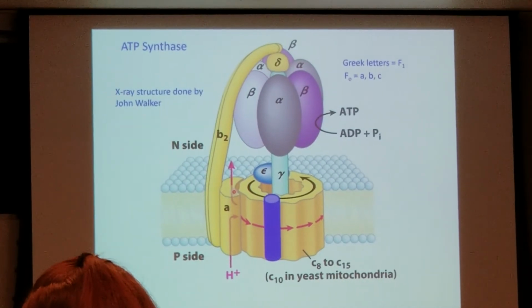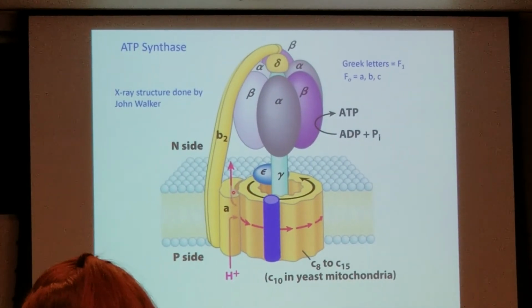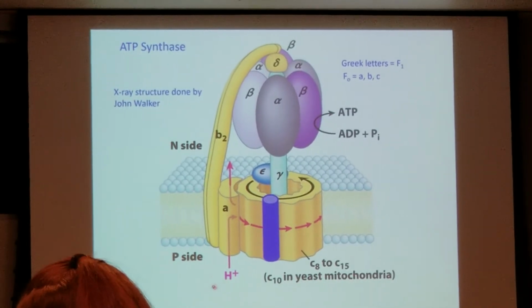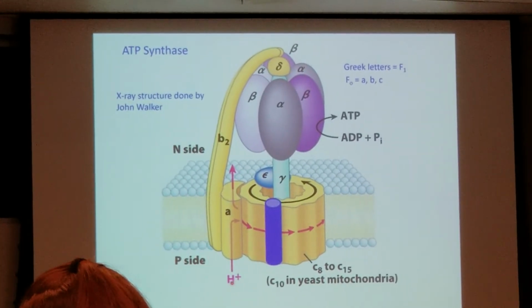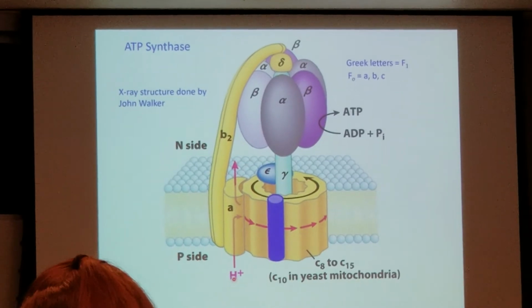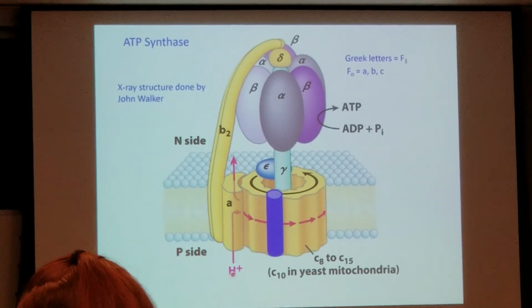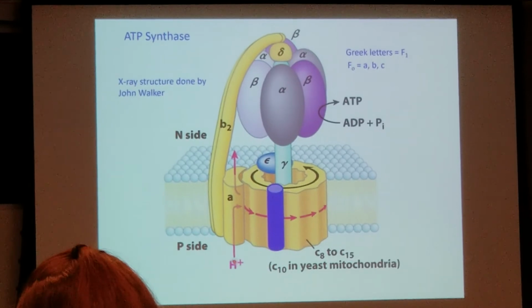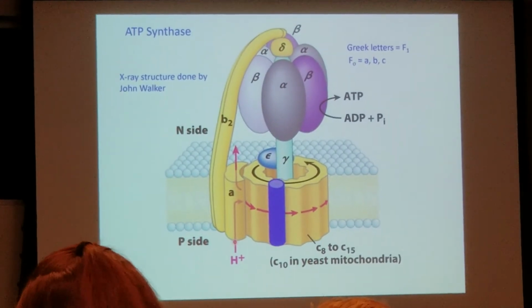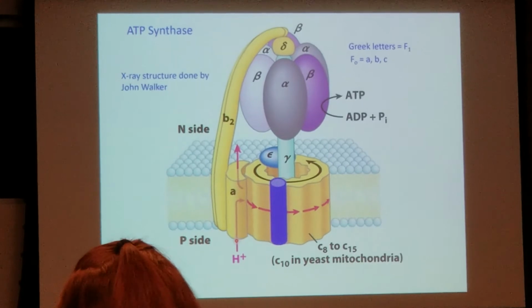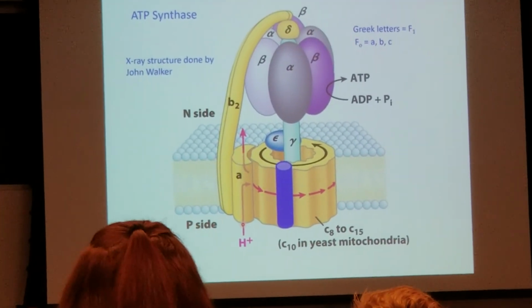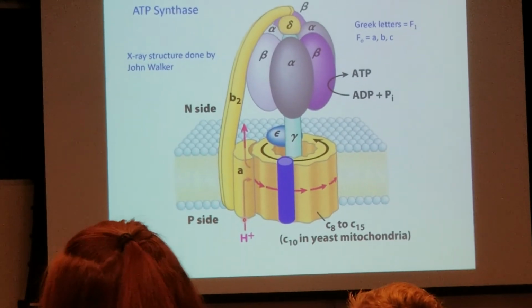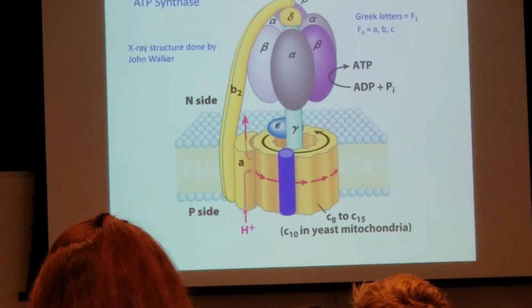Okay, so let's think of it this way. It would be my suggestion. You've got a lot of protons here. This is the positive side. This is the intermembrane space. These protons, let's imagine instead it was water, like a hose. And you put the mouth, the end of the hose right up here, and you turn the pressure on. The water will take the path of least resistance. It will go halfway up, start spinning that rotor, and go shooting out the other side.